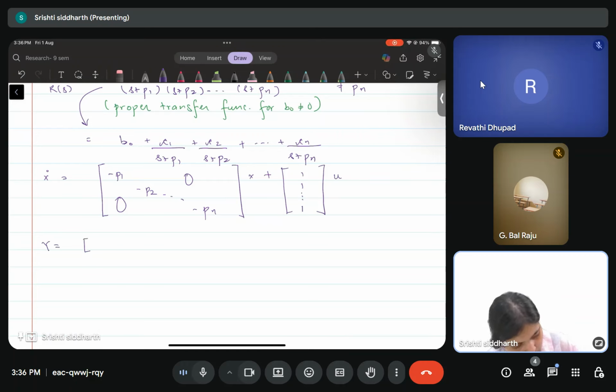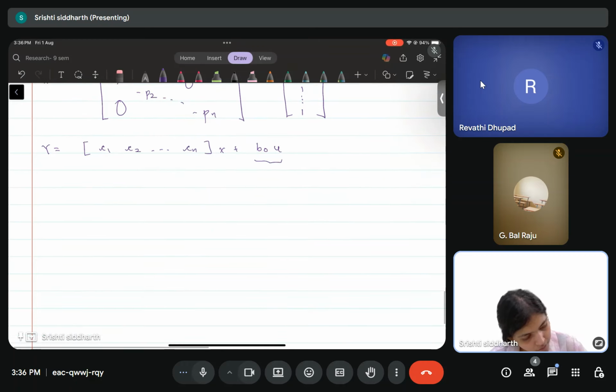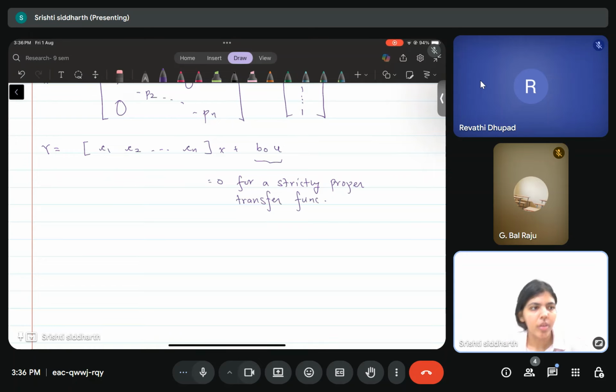Y is going to be c1, c2 till cn, these coefficients which need to be calculated, x plus b0 u. For a strictly proper transfer function, this would be 0. Alright, so this was the case for distinct eigenvalues.